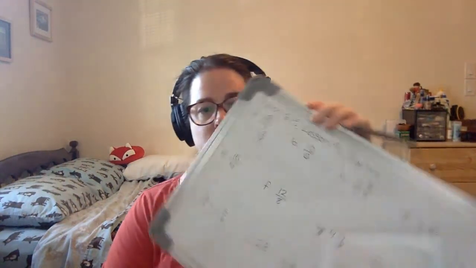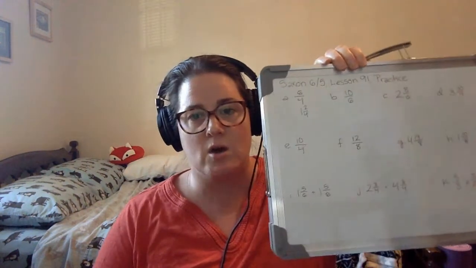So we have the improper fraction 6/4. If we just convert it into a mixed number, it converts to 1 2/4. If we leave it like that, it's not incorrect.